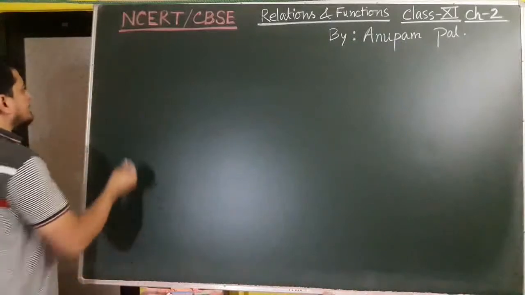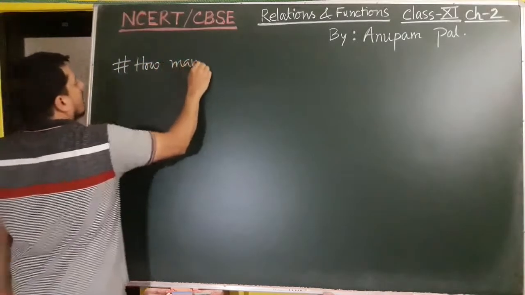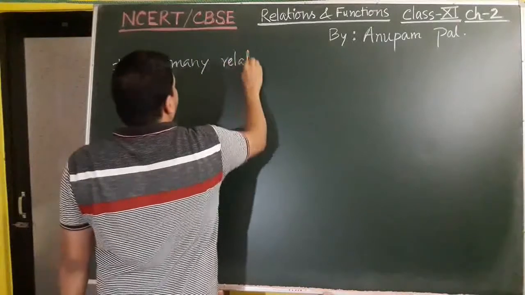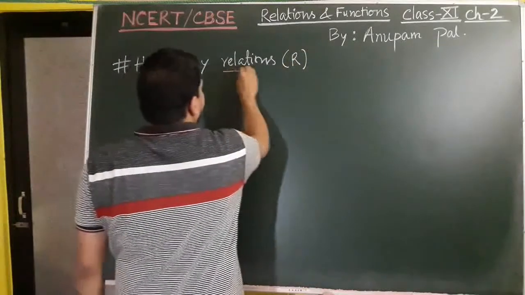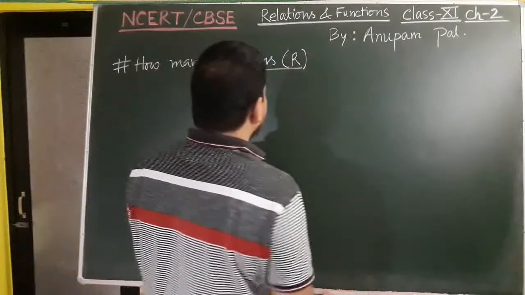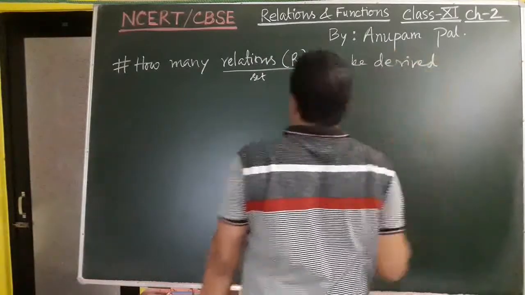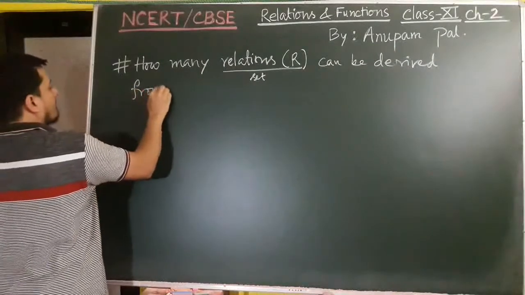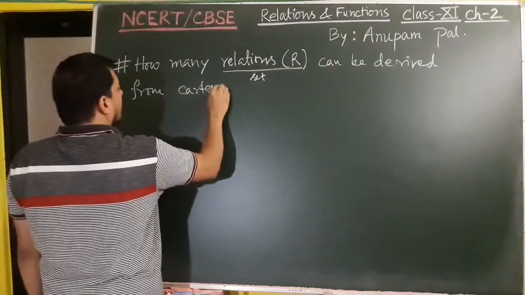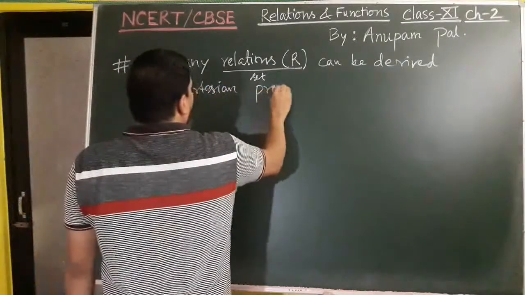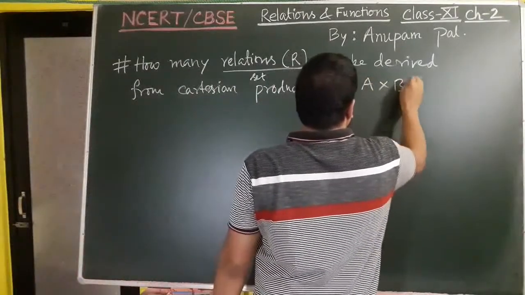Okay, so the next question is, how many relations, this relation is a set, can be derived from the Cartesian product of A cross B?